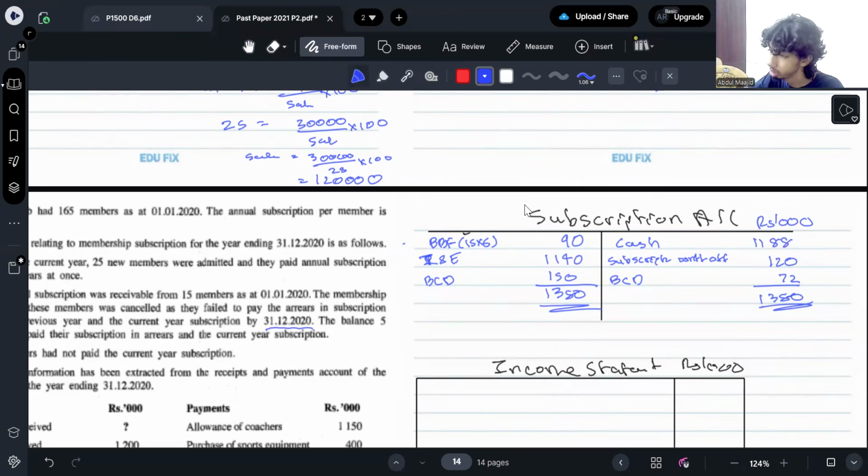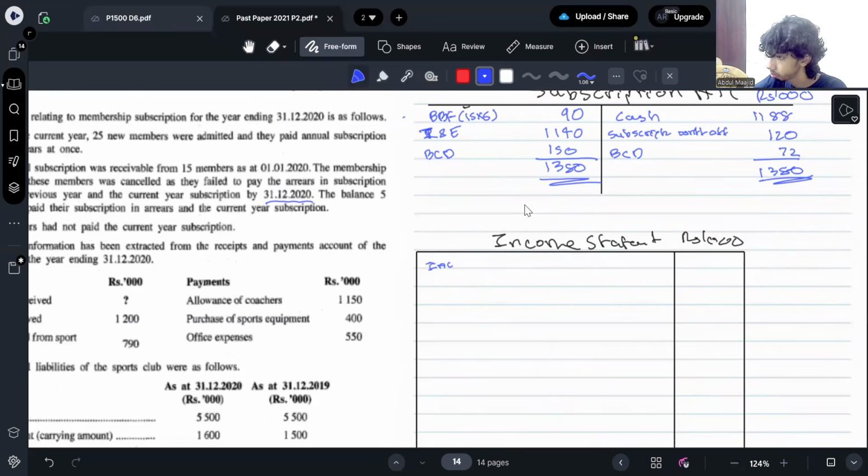So now in the income statement, you can show under income, subscription income 1,140. And under expenses, you can show subscription written off 120.